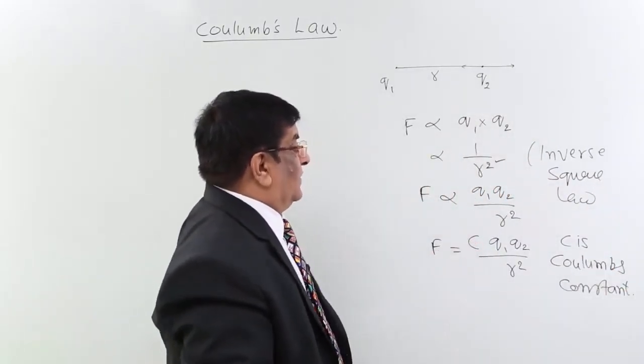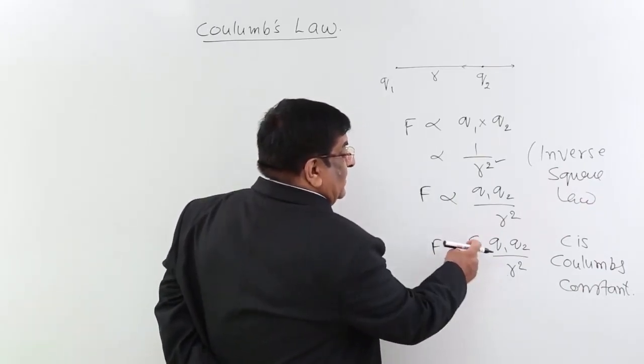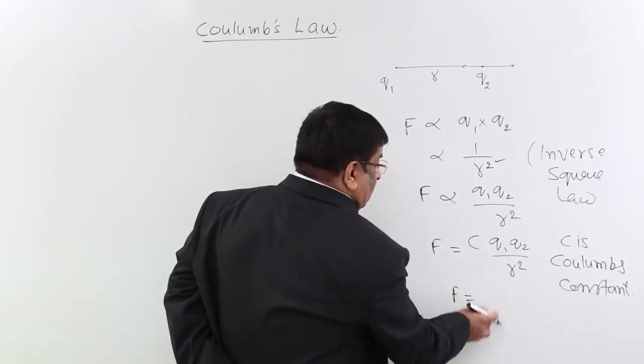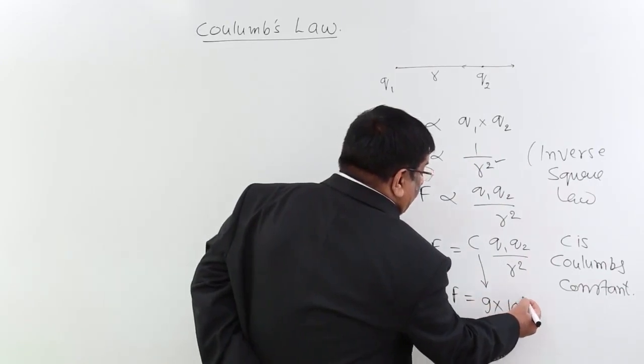C is Coulomb's constant, and later in the SI system the value was calculated as F is equal to C q1 q2 upon r square, where C is 9 into 10 to the power 9.